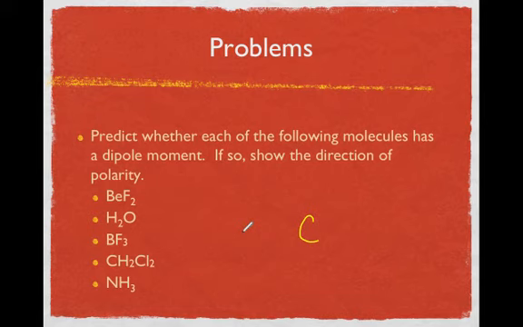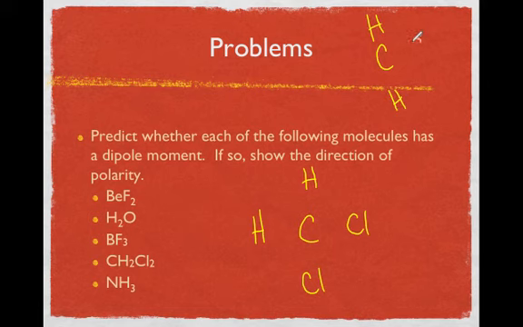We're going to do this two different ways because it depends on how we draw this. We could have hydrogens like this. Or, let me put it up here. We could have hydrogens opposite each other. And this will make a little difference.